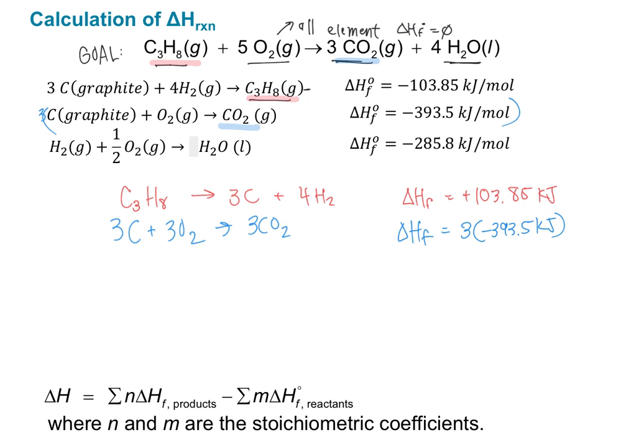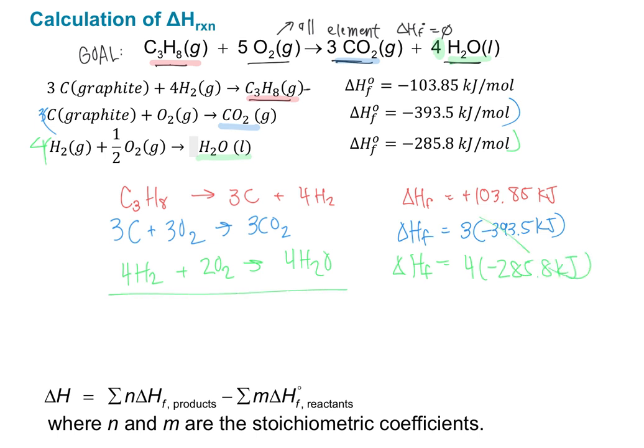And then lastly, we're going to do water. We want 4 waters as a product. Here it is with 1 water, so we're going to multiply this whole thing by 4. So we have 4 hydrogens plus 2 oxygens going to 4 waters, and that delta H value will be 4 times negative 285.8 kilojoules.